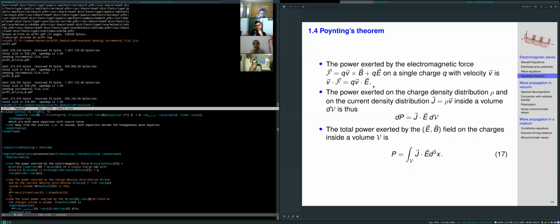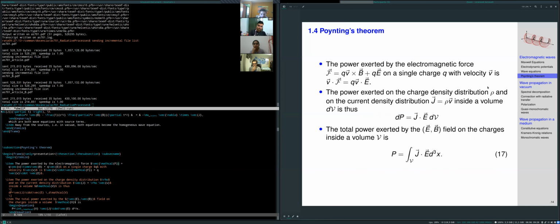reasoning to the power exerted on a continuous distribution of charges and current densities. So we go to the continuum limit. We no longer think about point charges; we talk about the continuum of electric charge.